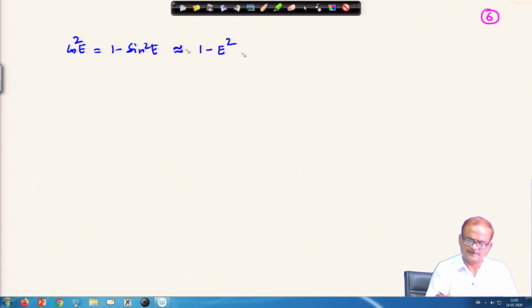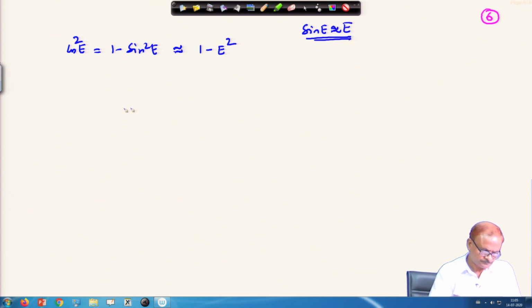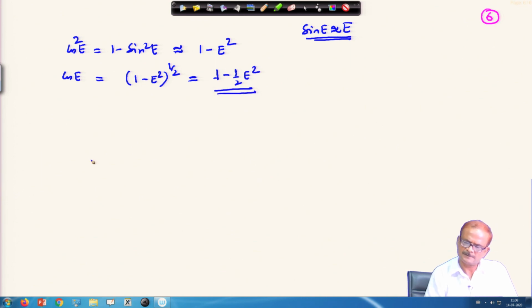This is approximate, because sin E for a small value of E will be equal to E, and therefore cos E will be equal to 1 minus E squared to the power 1 by 2, which we can approximately write as 1 minus 1 by 2 E squared using binomial expansion.